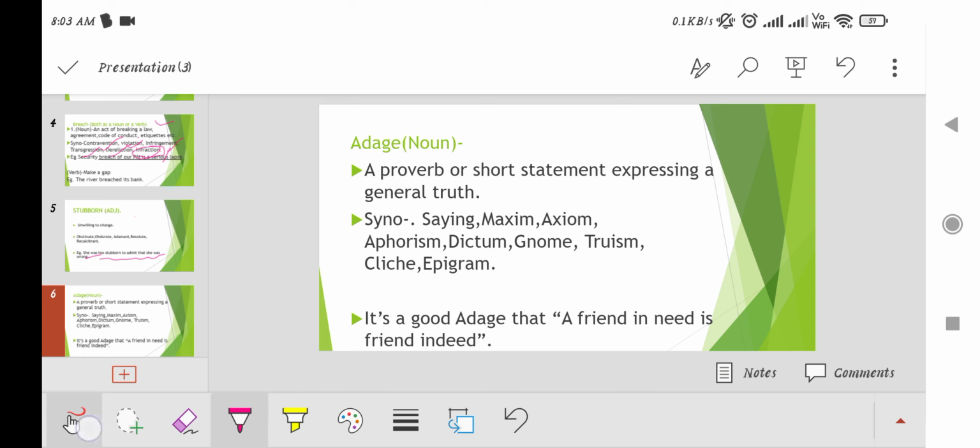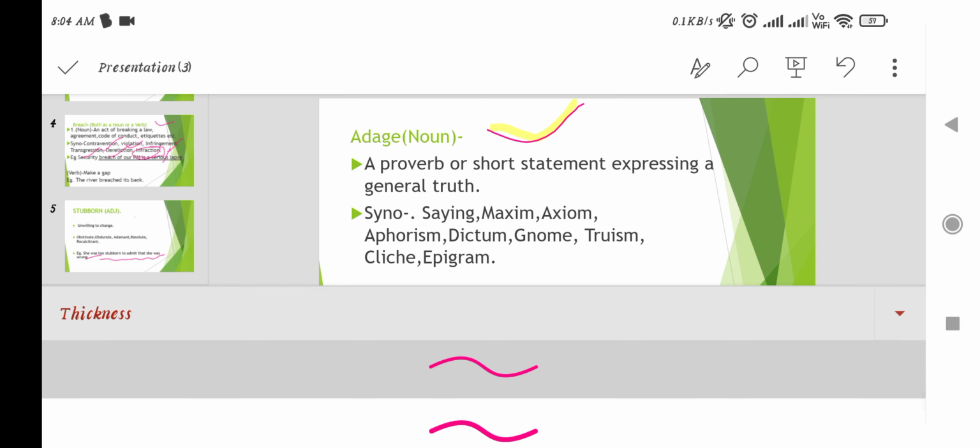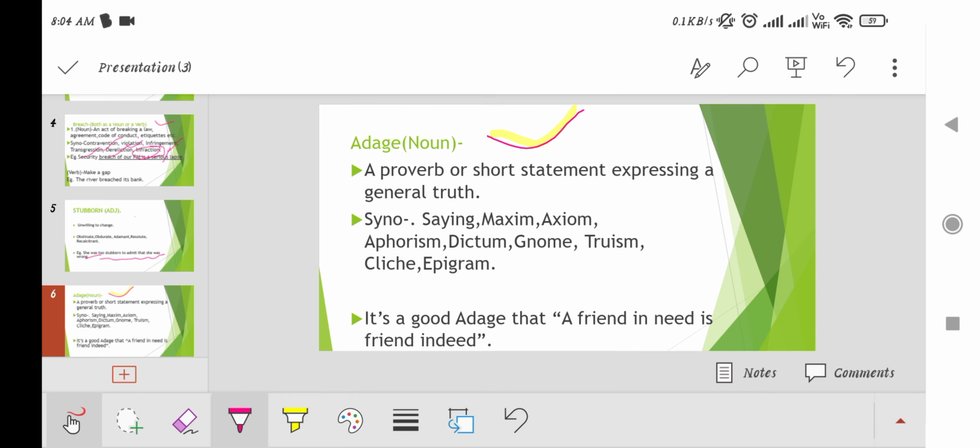Adage means कहावत, we used to see in words, कहावत, कि ये कहावत है, वो कहावत है. What does adage mean? A proverb or short statement expressing a general truth.